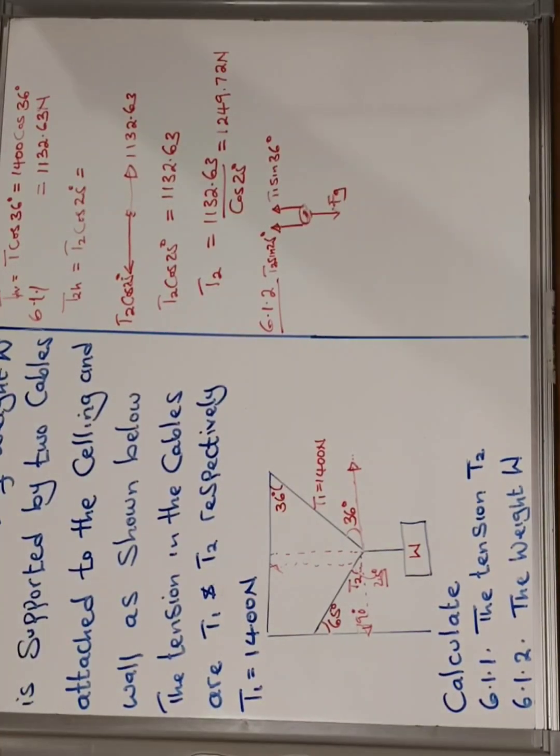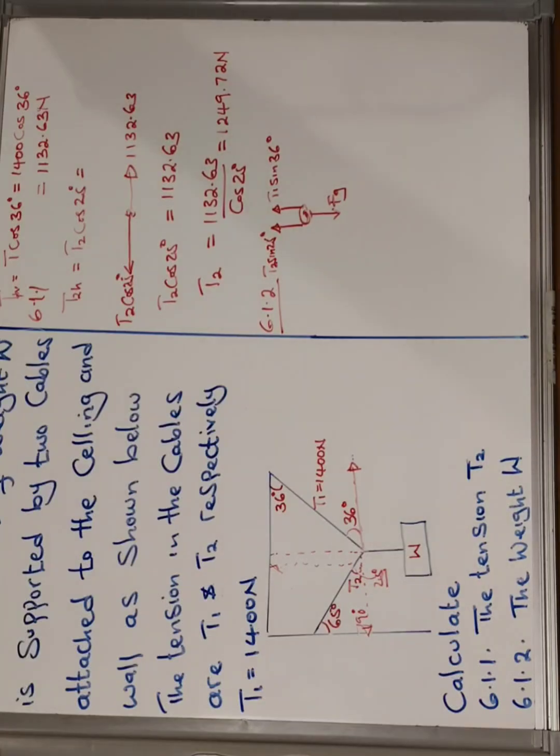Okay, so with that, we go back to the equilibrium situation. We said the mass is not moving. It's neither moving up, nor moving down. So it is in equilibrium. What does that mean? That the sum of forces acting upwards is equal to the sum of forces acting downwards. And that gives us the equation we are going to use.